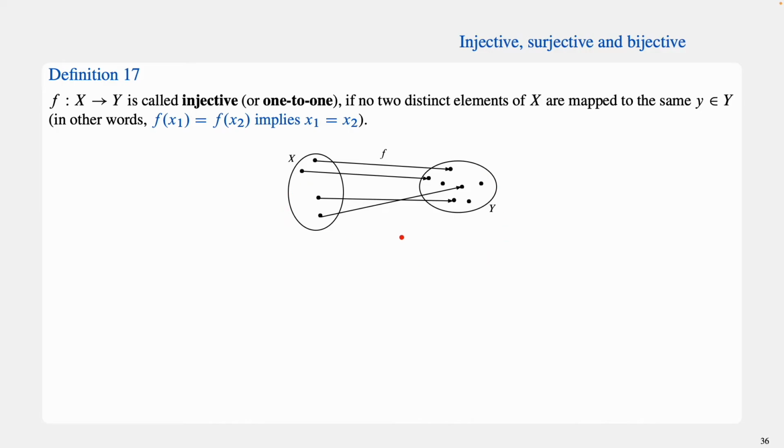So look at this example here. We have our input set x and our output set y, and all input values x are mapped to different output values. So no two arrows go to the same output value y. And if that is the case, we call this function injective.